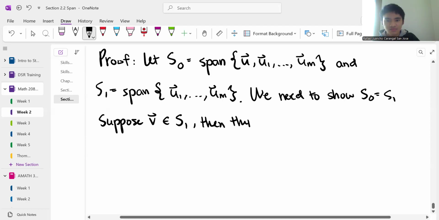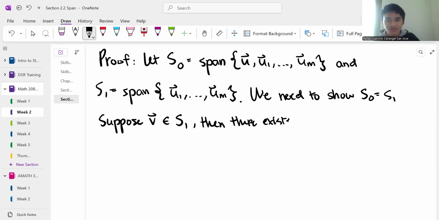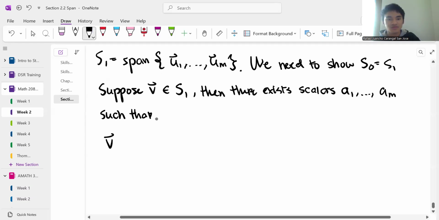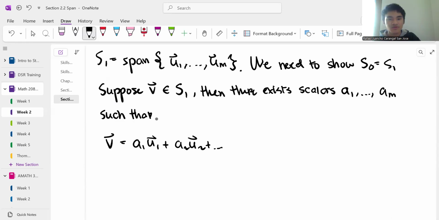Then there exist scalars a sub 1 all the way to a sub m, such that v, the vector v, is equal to a sub 1 u sub 1, a sub 2 u sub 2, all the way to a sub m u sub m.